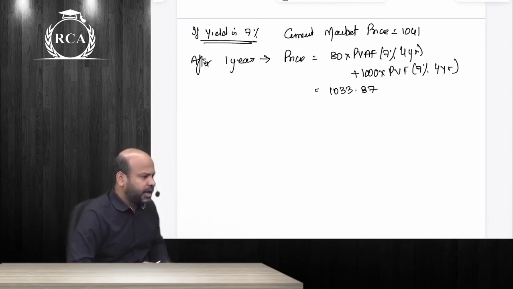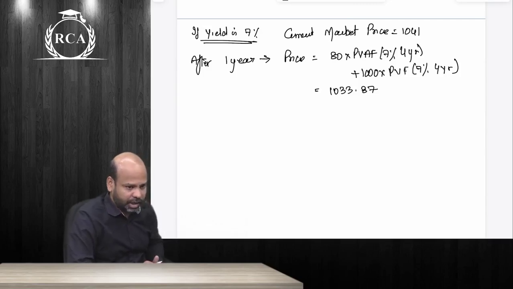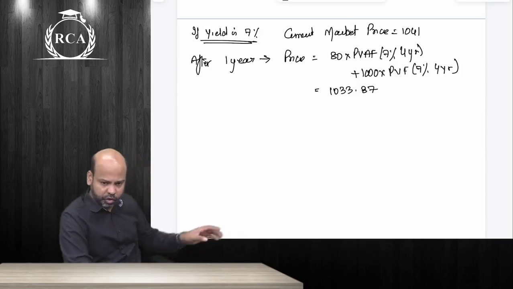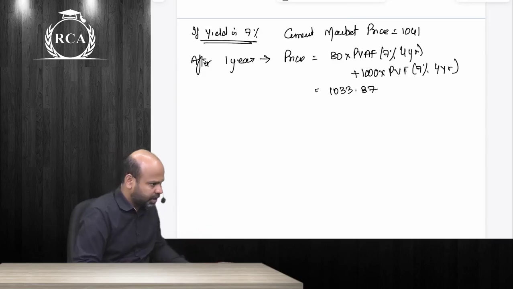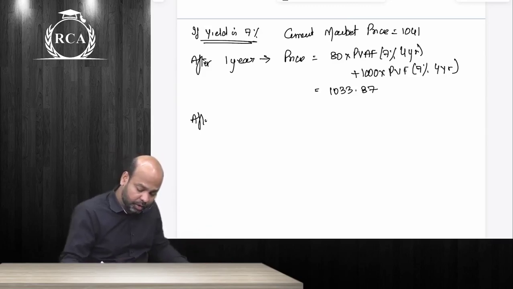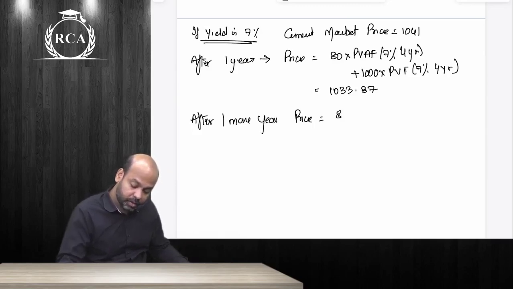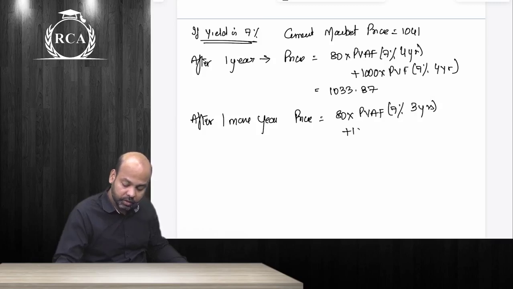इसके बीच में बेटा if interest rates are changing on account of that, price of the bond will definitely change. Keeping the interest rate constant, what should happen to the value of the bond is this. Whether it is discount, whether it is premium, does not matter as such beta. So after 1 more year, guys, what do you think will happen to the price? 80 rupees into PVAF at 7% for how many years? 3 years, plus 1000 rupees into present value factor at 7% beta for the third year.